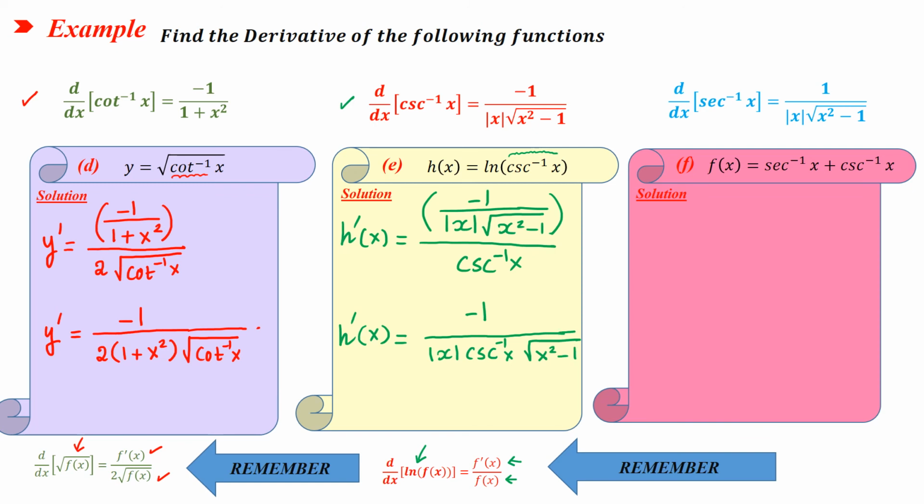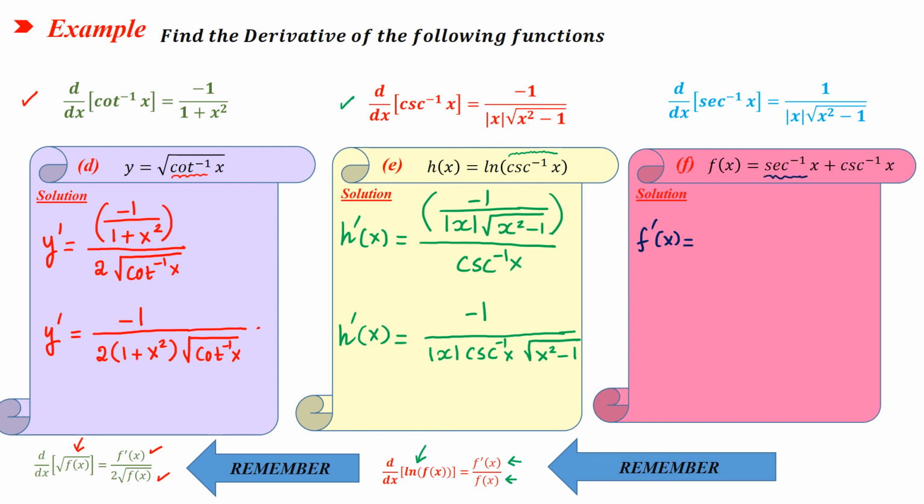And in part F, you have the function f of x equals secant inverse of x plus cosecant inverse of x. So what is the derivative of this function? F prime of x, it is a direct application.